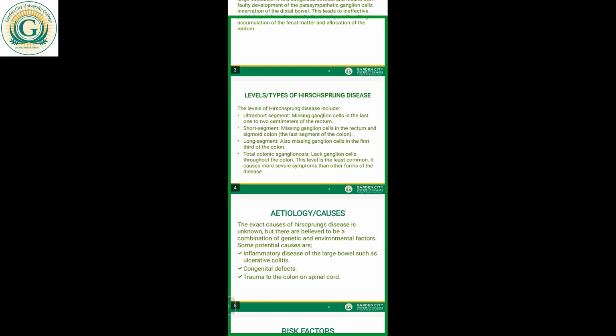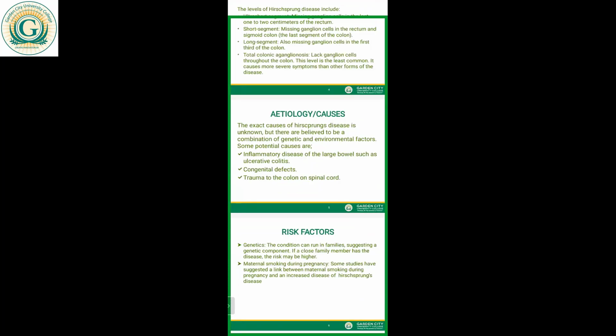We move on to the causes, or the etiology. The exact cause of Hirschsprung's disease is unknown, but it is believed to be a combination of genetic and environmental factors.